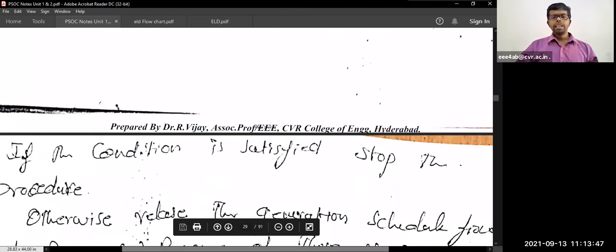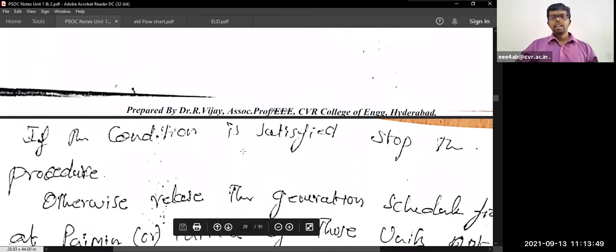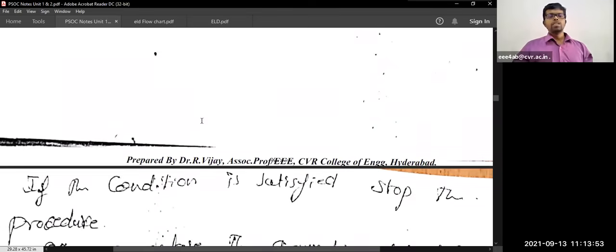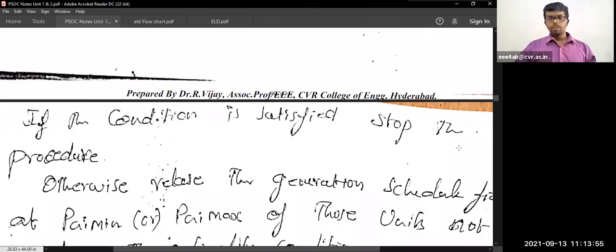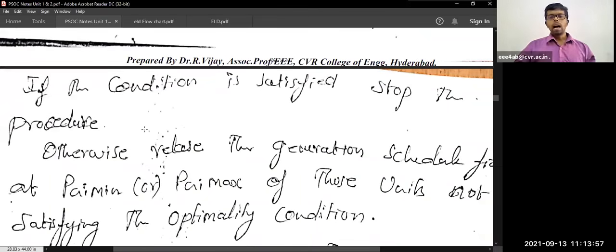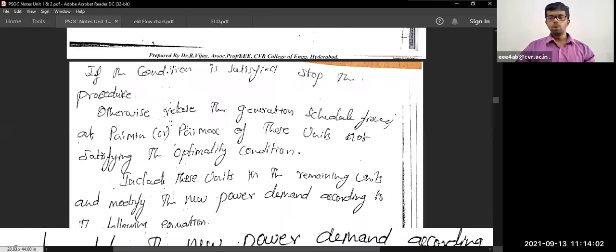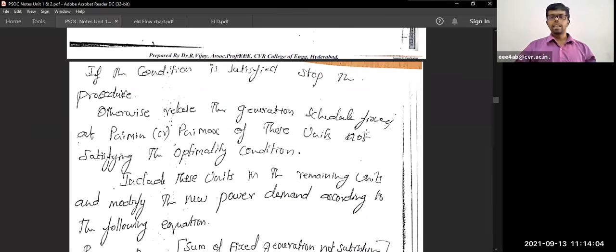Next step, if this optimality condition is satisfied, stop the procedure. Otherwise, release the generation schedule fixed at PGi minimum or PGi maximum of those units not satisfying the optimality condition.